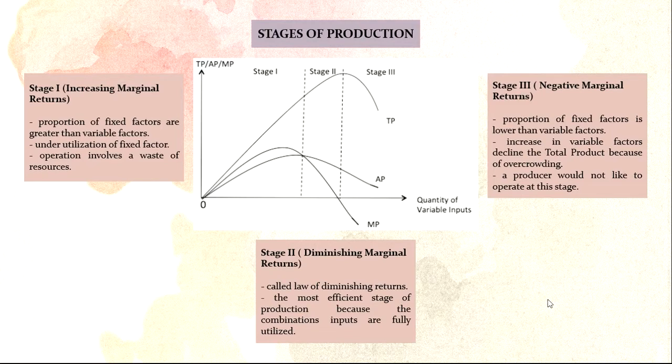The increase in variable factors declines the total product because of overcrowding. It means there are too many workers, so the workers need to take turns to use the machine. If the workers push the machine too hard until it works outside its capacity, then it will break.